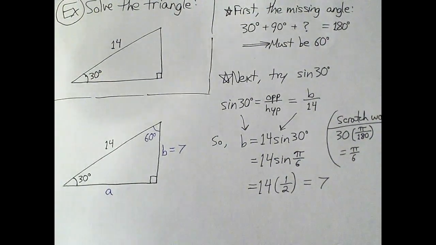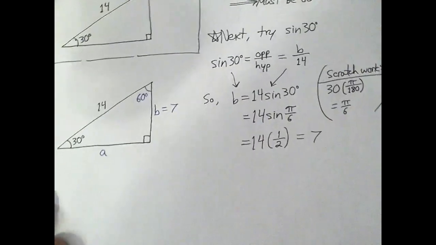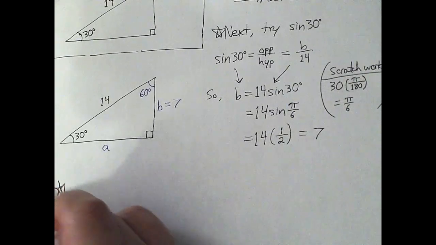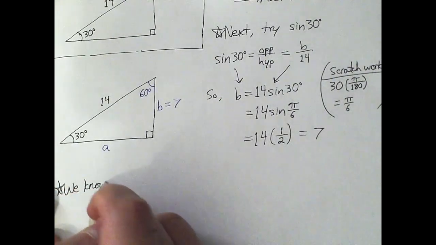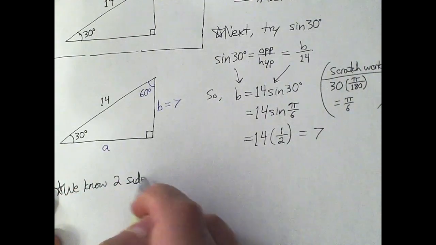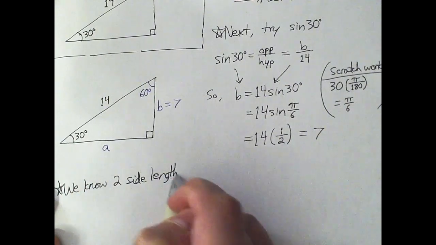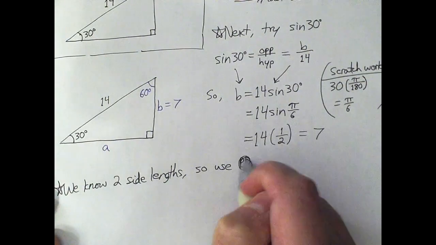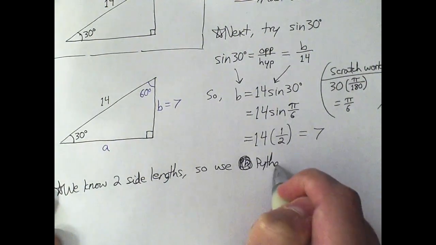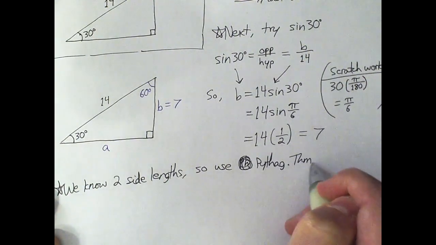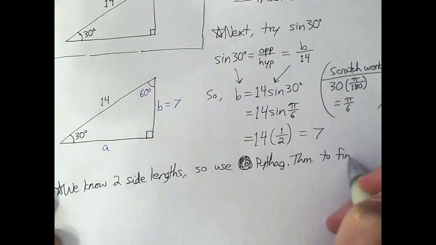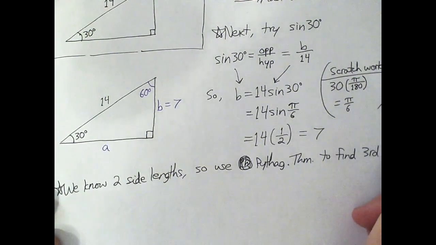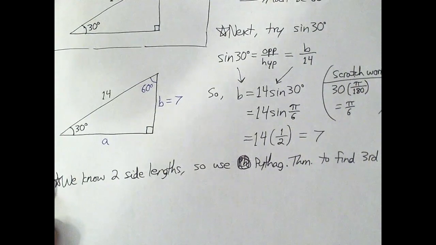But another option is the Pythagorean theorem, because we know two side lengths. So we can use the Pythagorean theorem to find the third. I think that's usually easier.